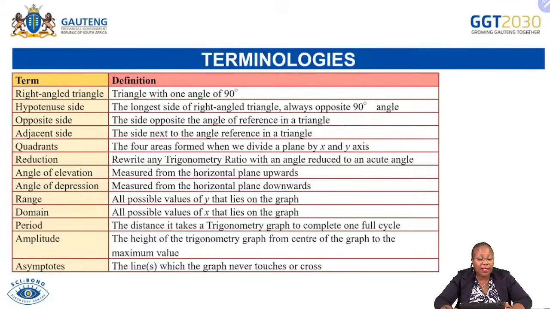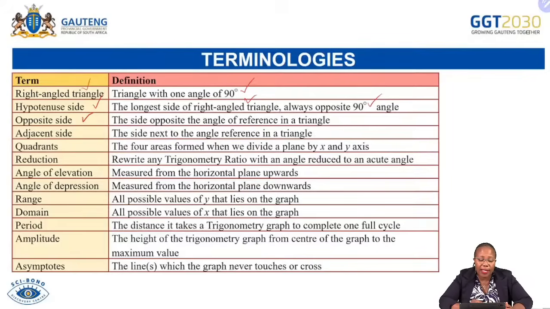And then we are having the terms that we will be referring to throughout. Right angle triangle, I've already indicated it's a triangle with one angle of 90 degrees. The hypotenuse side is the longest side of the right angle triangle, and it is always opposite the 90 degrees angle.